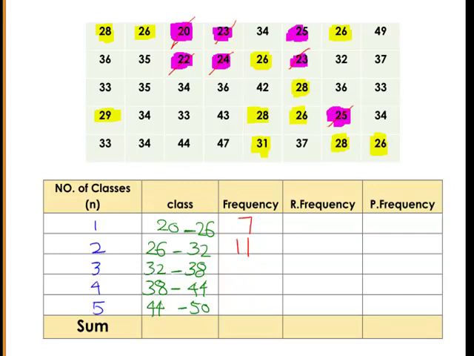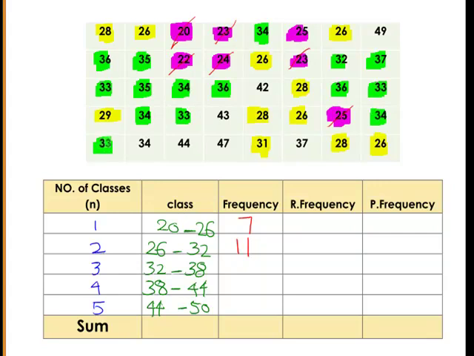So the same thing I'm going to do for class number 3. We want to search for numbers in the range from 32 to 38. So let's do it again together. So it will be 34 here, 36, 35, 32, 37, 33, 35, 34, 36, 36, 33, 34, 33, 34, 33, 34, 37.